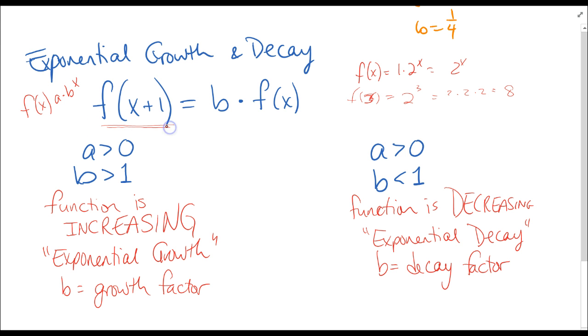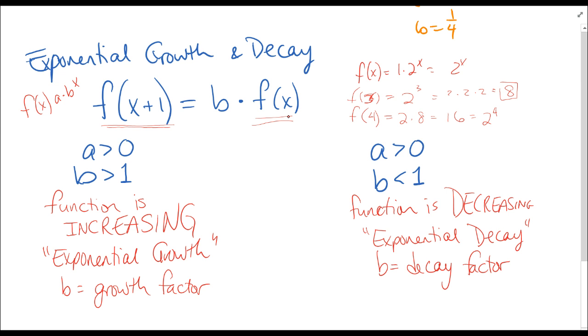One other way that you can define exponential growth and decay functions is by saying, if I add 1 to that, so now I'm talking about f of 4, it should be the same thing as taking my base, so that's 2, and multiplying it by the last answer that I got. So what's 2 times 8? Yeah, 16. Isn't that the same as 2 times 2 times 2 times 2? Oh, yes. So this is one other way that you can set these things up.